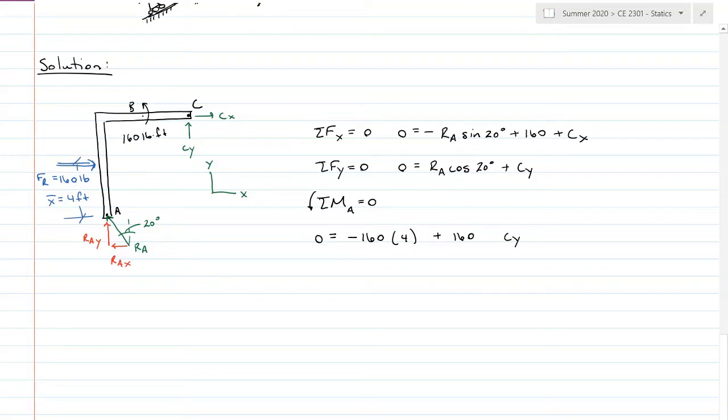And then I have CY acting at a distance of 6 feet from A horizontally, vertical force, horizontal distance, and that is also counterclockwise. And then I have CX acting at a distance of 8 feet, and it will be clockwise. Again, horizontal force, so I need the vertical distance. So now I have 3 equations and 3 unknowns, and I'm going to solve this with a matrix.